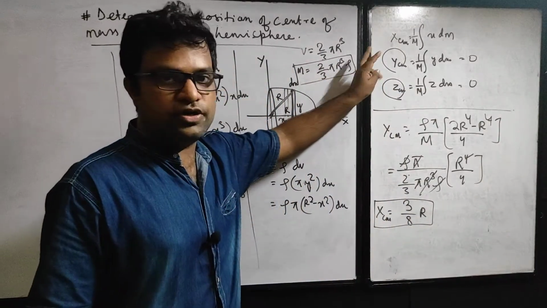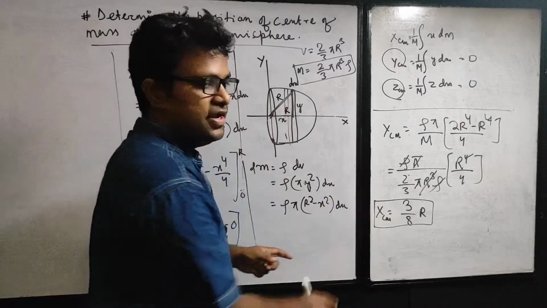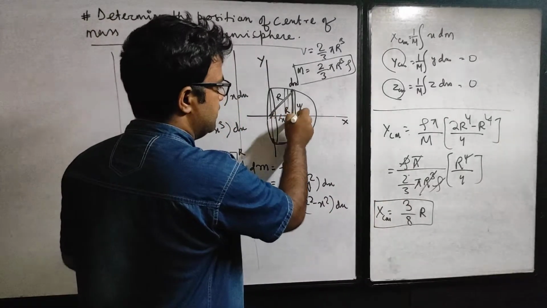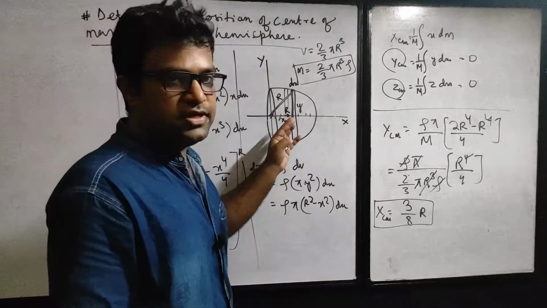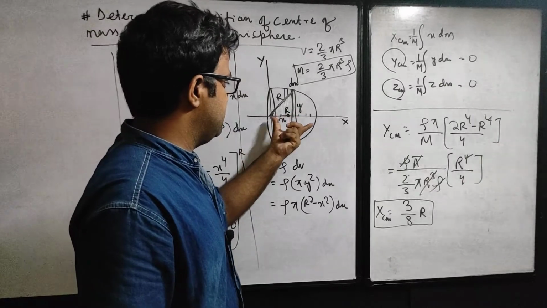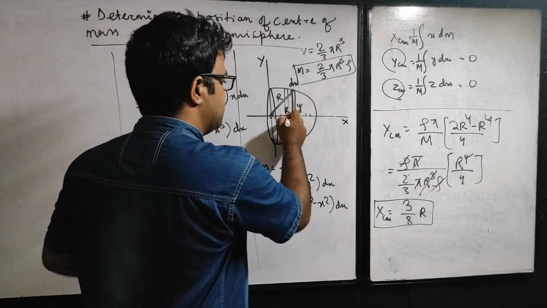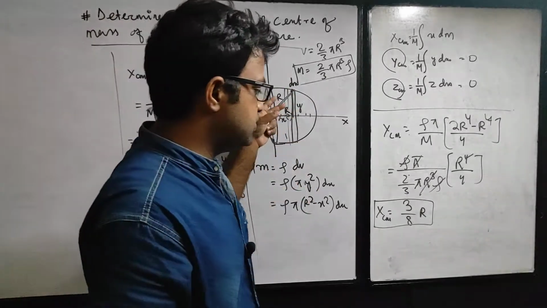And y and z coordinates are 0. That means if we cut this radius into 8 parts, the center of mass is at 3 parts. So somewhere here you will have the center of mass, right? And of course it will be on the x-axis, so the y and z coordinates are 0.